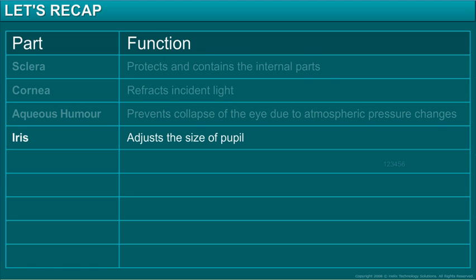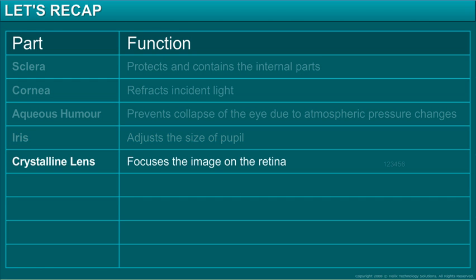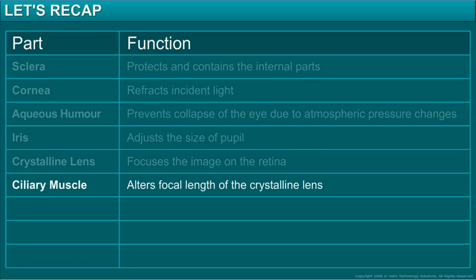Iris, adjusts the size of pupil. Crystalline lens, focuses the light reflected by objects on the retina. Ciliary muscles, alter focal length of the crystalline lens.